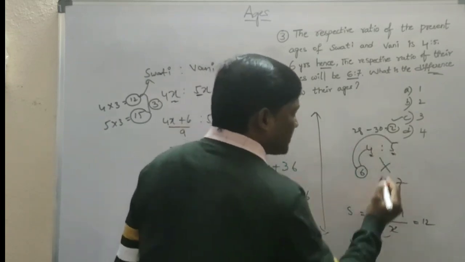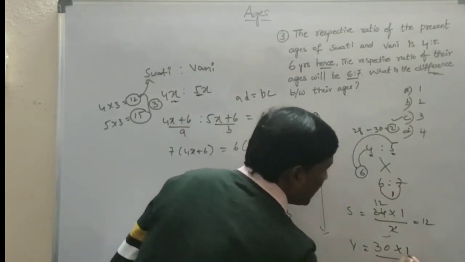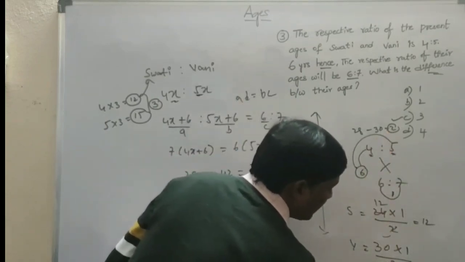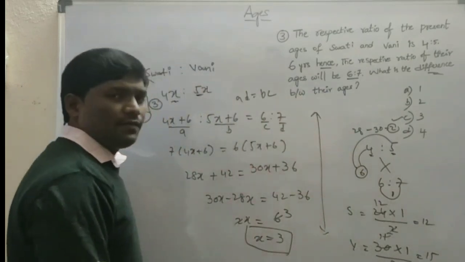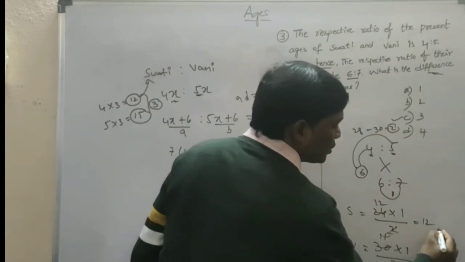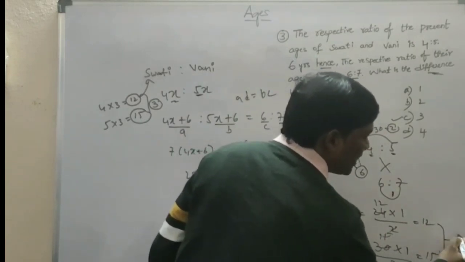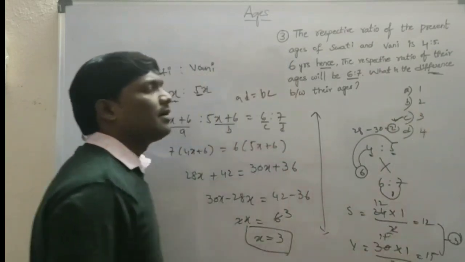So 6 5s are 30, into second step difference 1, by first step difference 2. Then Vani age is 15 years. Okay, so what is the difference between their ages? So 12, 15 difference is how much? 3 years. Okay, so option C is the right answer.